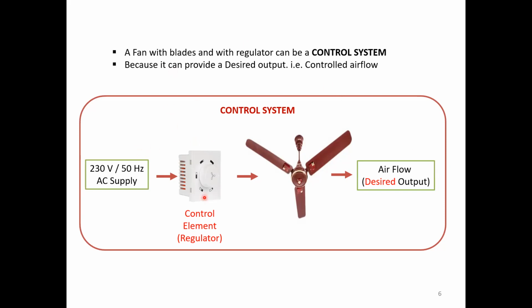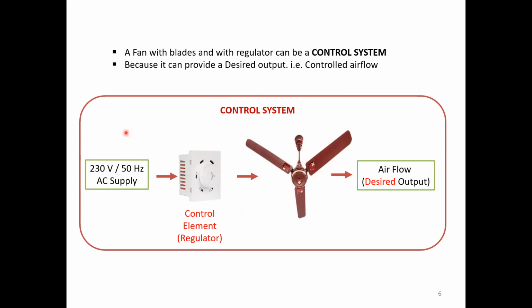This one. By using this regulator, we can control the fan speed, right? That is why this is the control system. See, a simple example of a control system: a rotating fan with the regulator.